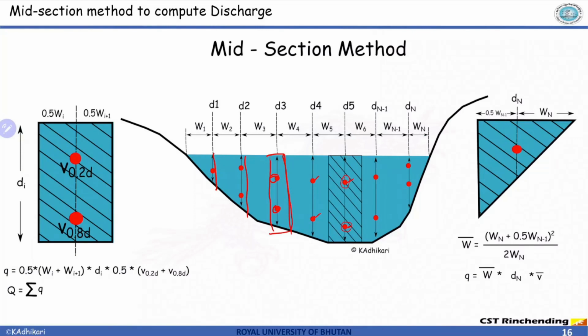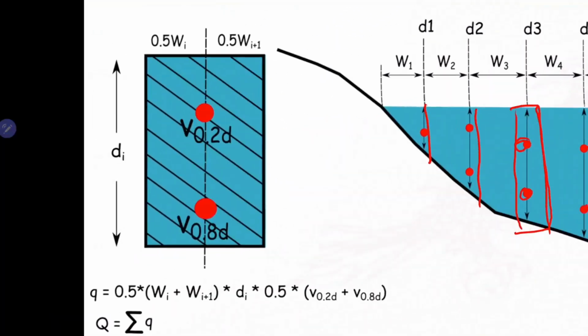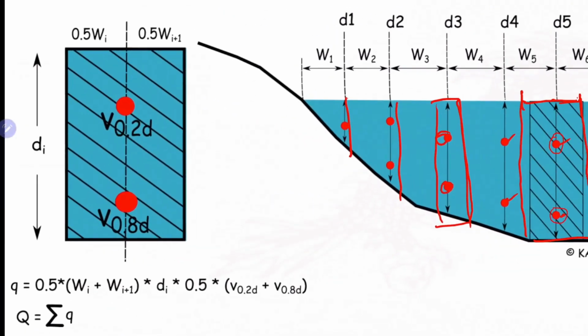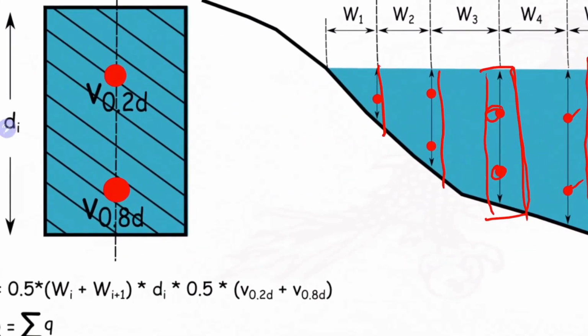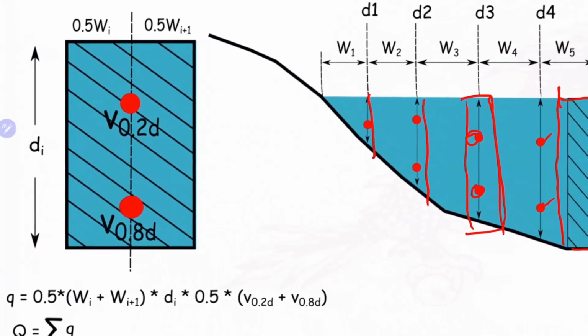To calculate the discharge of this strip, you go from this vertical d5 half of the width towards the right and half of the width towards the left, and this becomes our strip, as you can see here. Let's say this is your vertical D, where you have taken the velocity measurement.